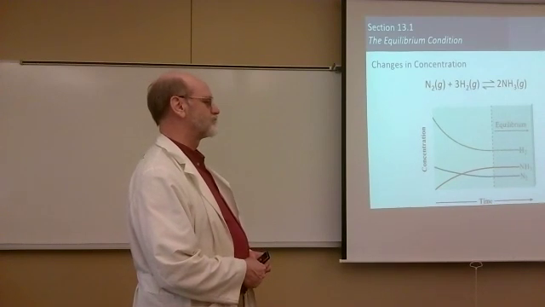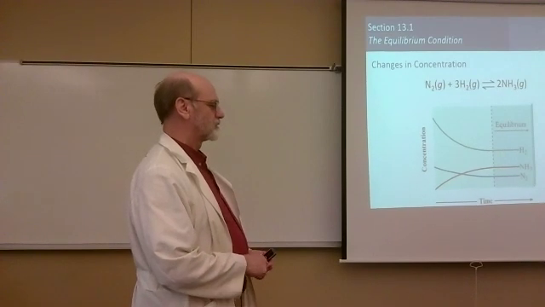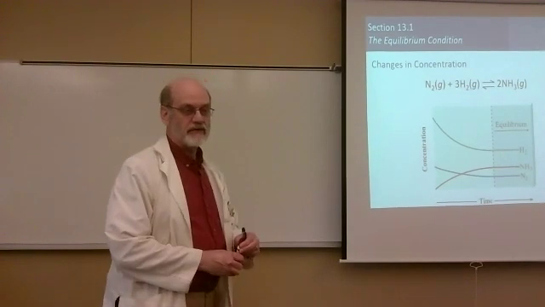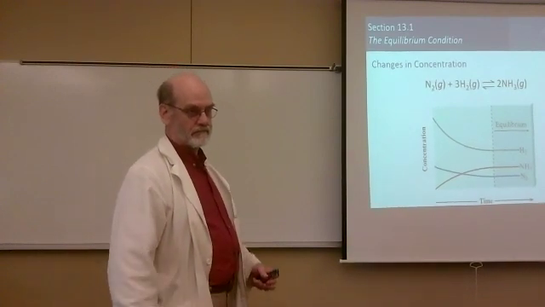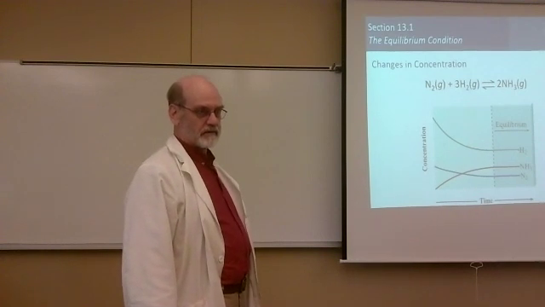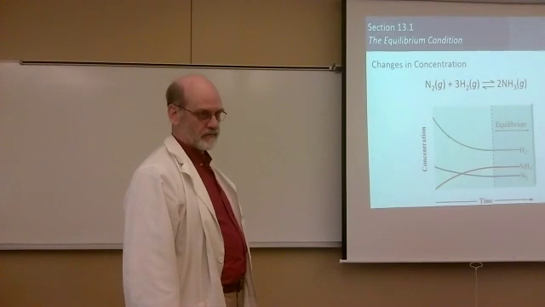Let me think. They would have to be, yeah, in order for the reactions to balance. So it doesn't matter how much reactant or product, it's just that the rate has reached a steady state. Right. Yes, forward and backward is perfectly balanced.